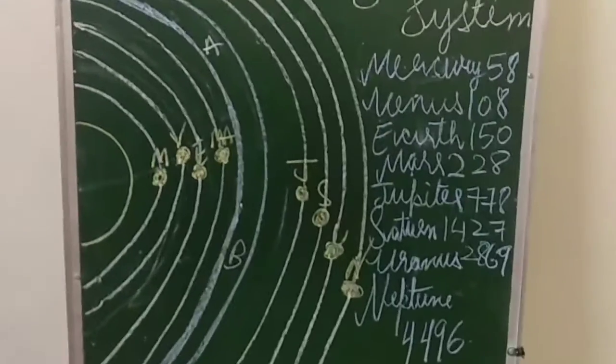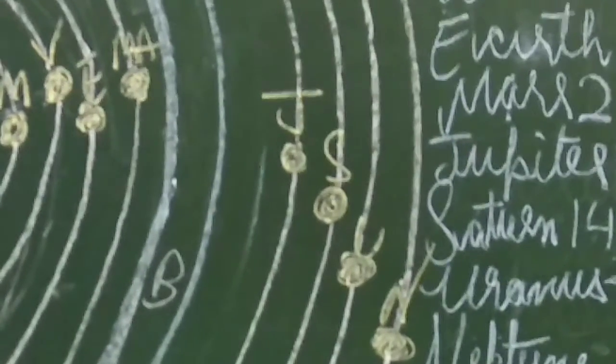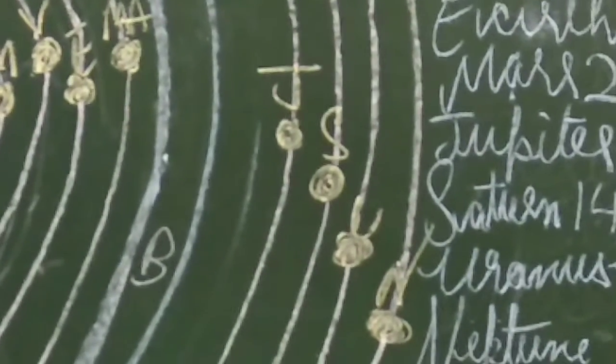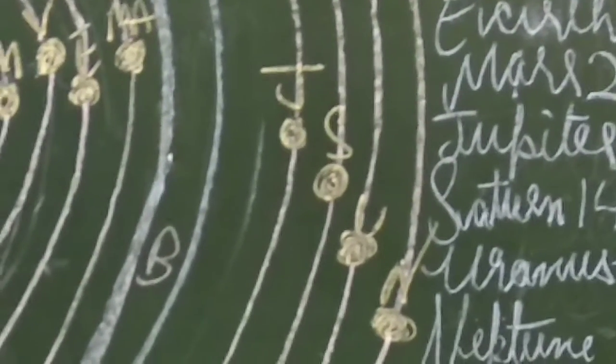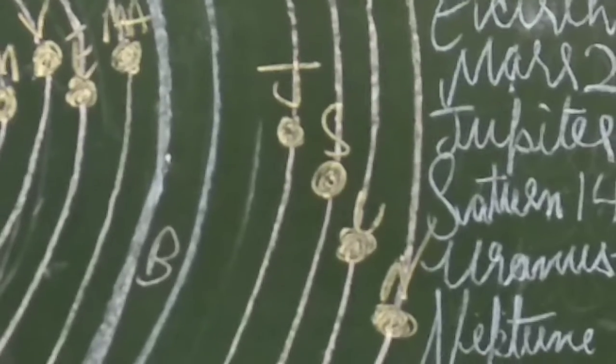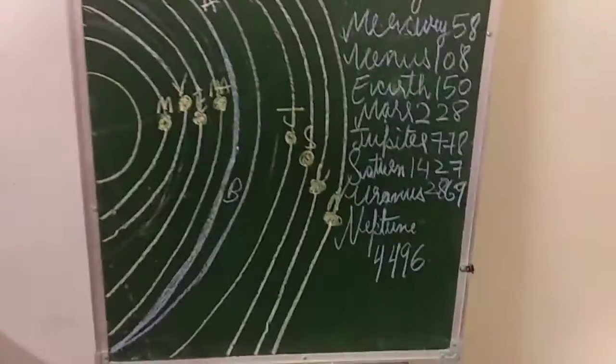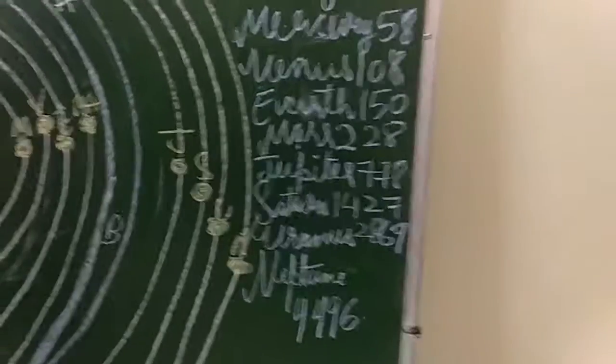Then Jupiter, Saturn, Uranus and Neptune are extremely far from the sun and are made up of gases and liquids.